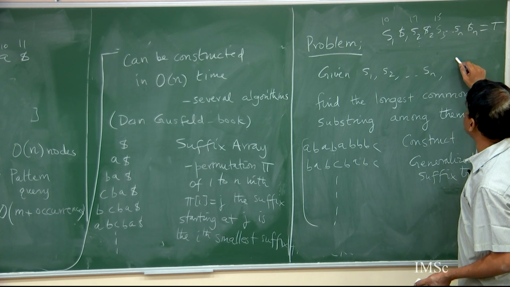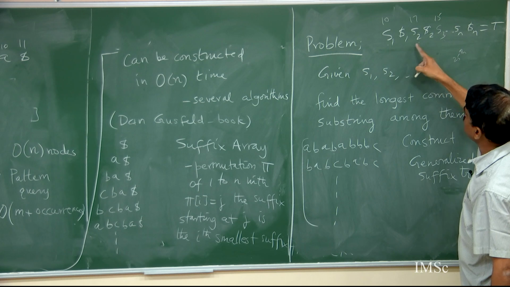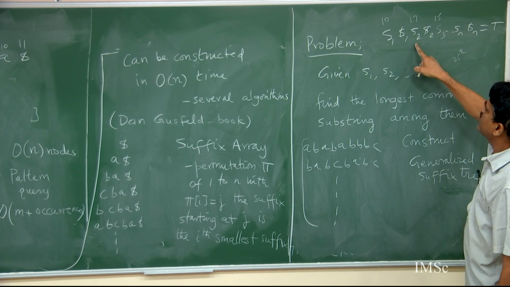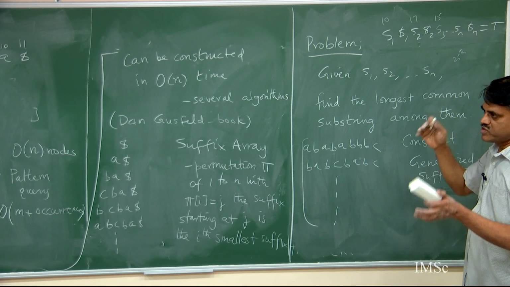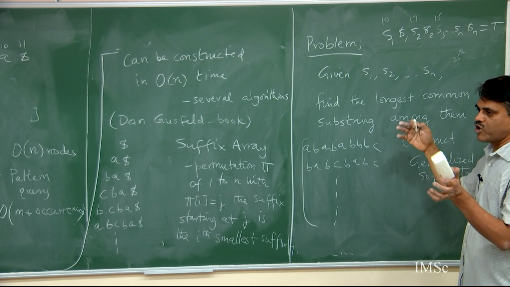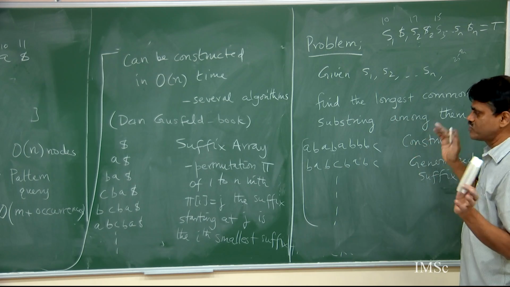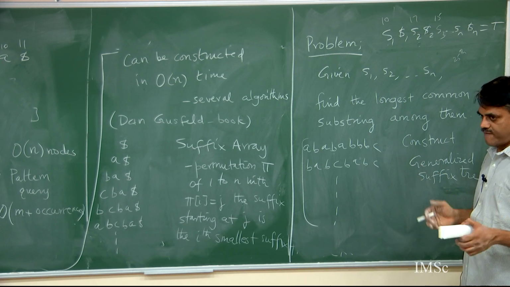If I am asking for the 25th position, that is what a leaf would tell me. The 25th position is essentially the 14th position of S2, that is, (14, 2). So all I am saying is that from the leaf you can figure out which string it is in.